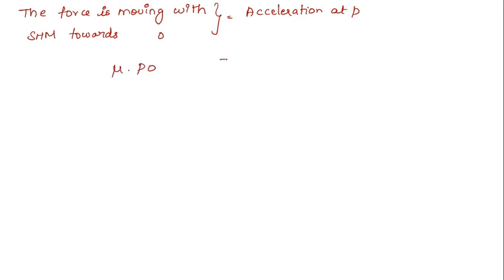We know that PO is nothing but x, and the acceleration at P is (mg minus R) divided by m, which we derived in the previous slide. So mu x is equal to (mg minus R) divided by m.